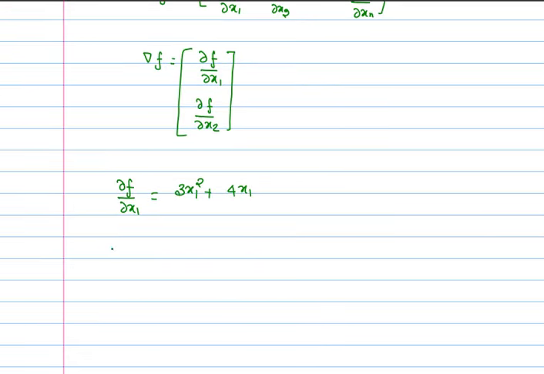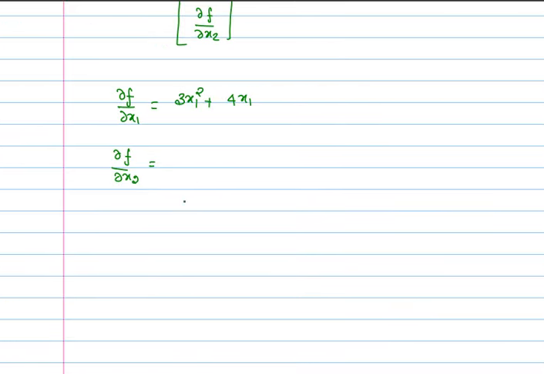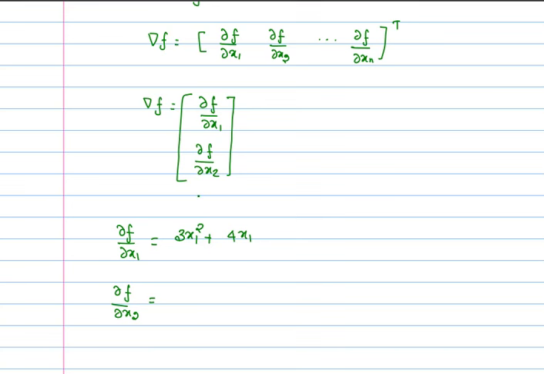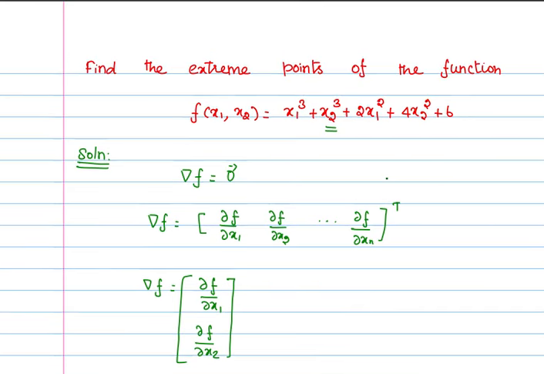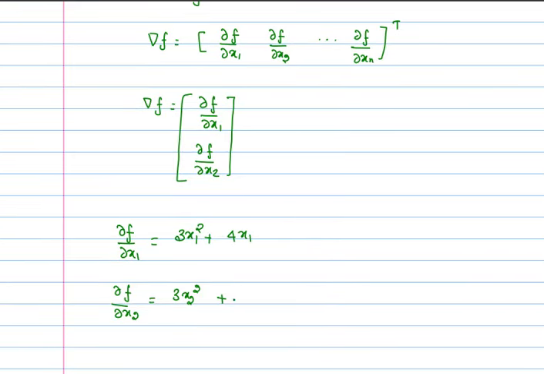Second, I have to evaluate dou f by dou x2. Taking the partial derivative of f with respect to x2, we get 3 times x2 square plus 8 times x2.